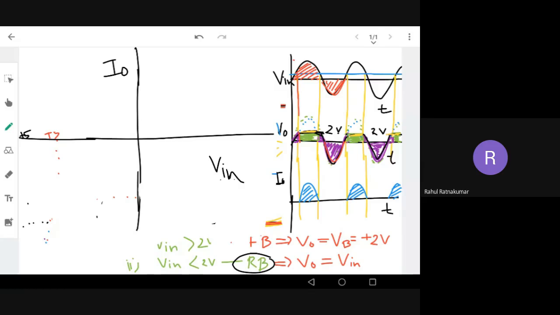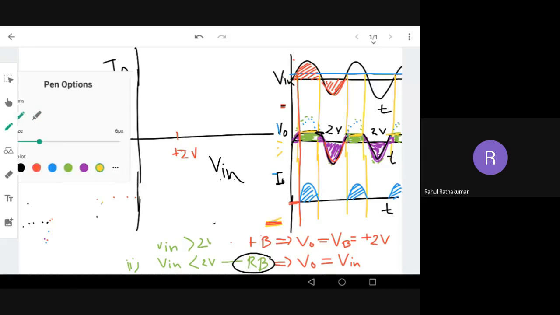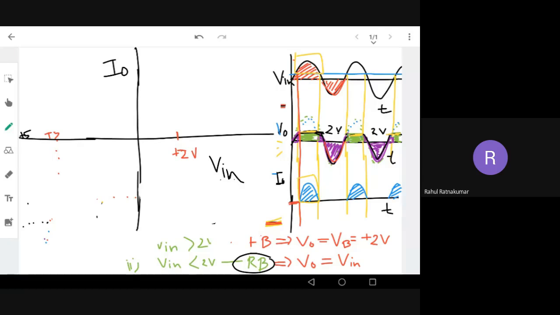I out is starting when V in has crossed plus 2. Only then is the current starting. After that, I out is increasing with respect to the voltage, so we can draw it like this. Before that, I out is 0. In all other cases, I out is 0.